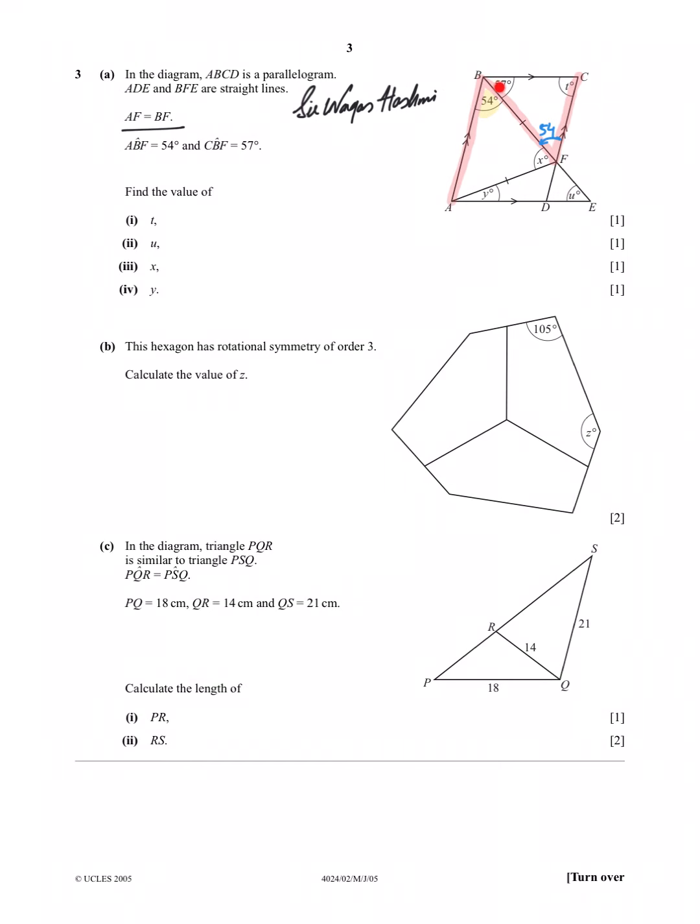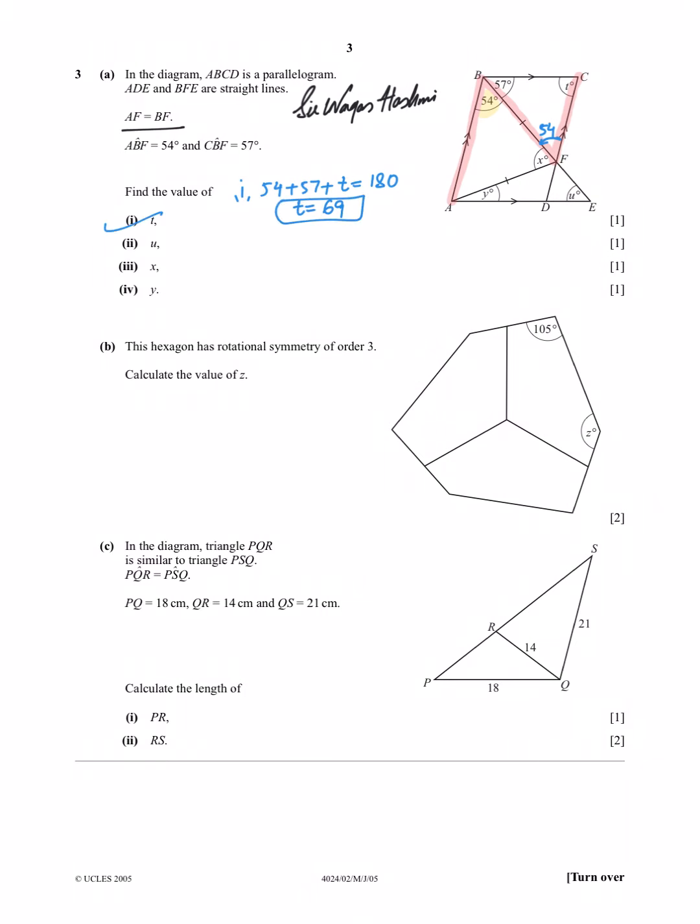You have three angles, 57, 54 and T. By solving this triangle, you can easily find out the value of T. So 54 plus 57 plus T. We know that the sum of angles in a triangle is 180, and by simplification T equals 69 degrees. That is your first part answer.